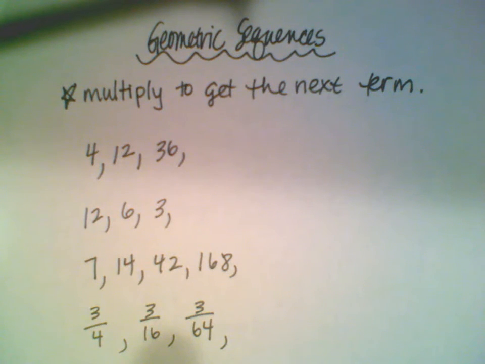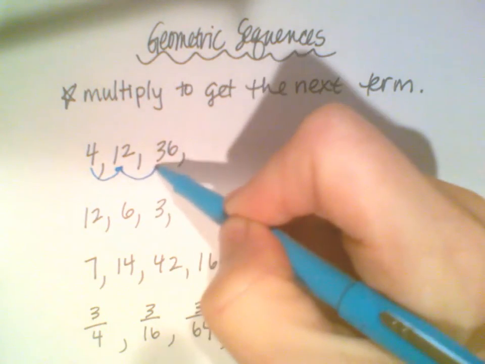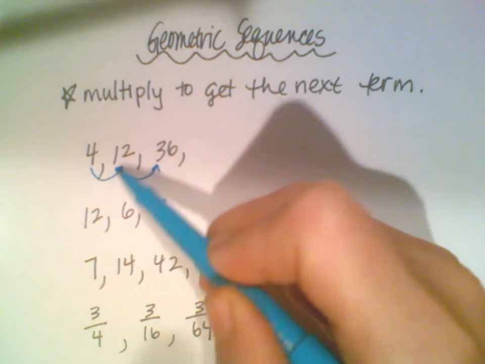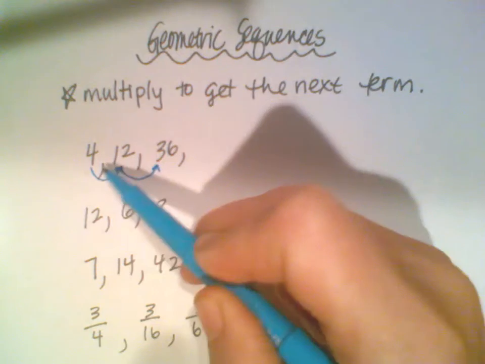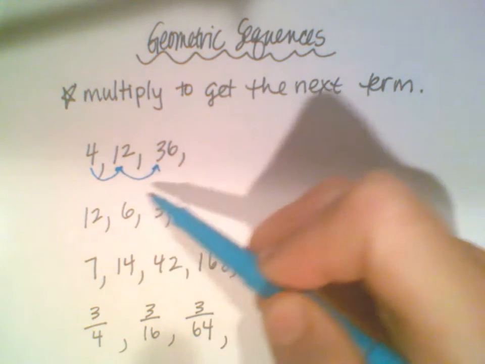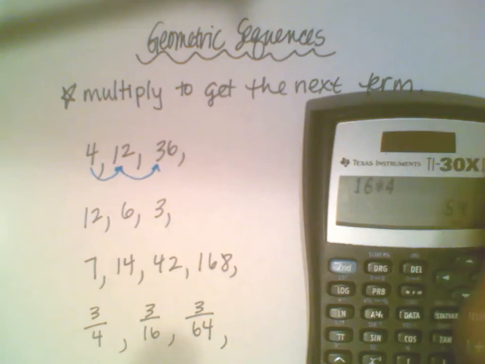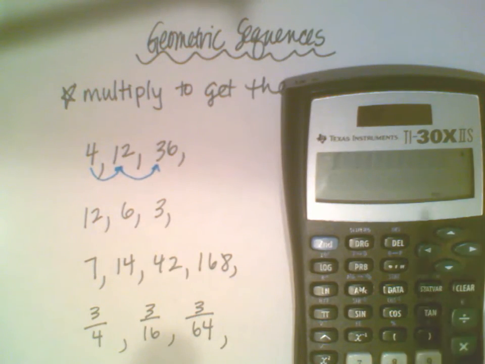So let's just start. When you look at your geometric sequence, you want to look from term to term, and some of them are going to be more obvious than others. So what I notice here is if I multiply 4 times 3, I'll get 12. Is 12 times 3, 36? If I'm not sure, I can just plug it in my calculator and see if it is.